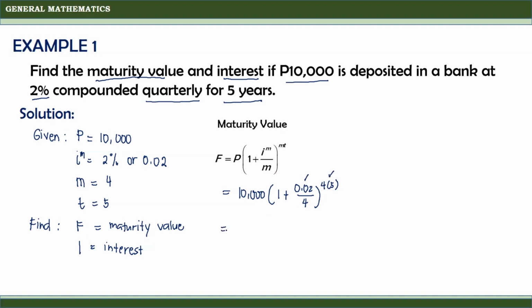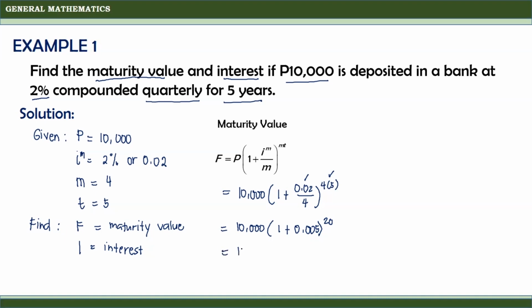So therefore, we're gonna have 10,000 times 1 plus 0.02 divided by 4, using your calculators, is equal to 0.005. Moreover, 4 times 5 is equal to 20. Next, we need to add 1 and 0.005.